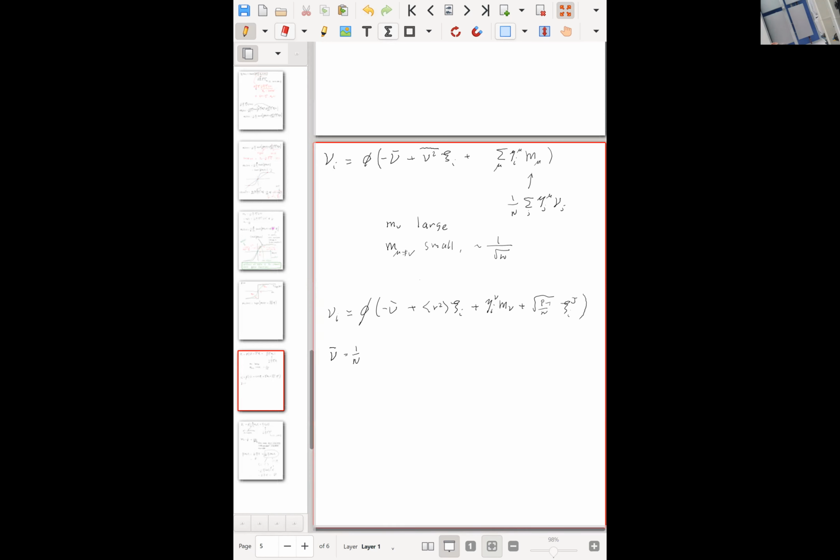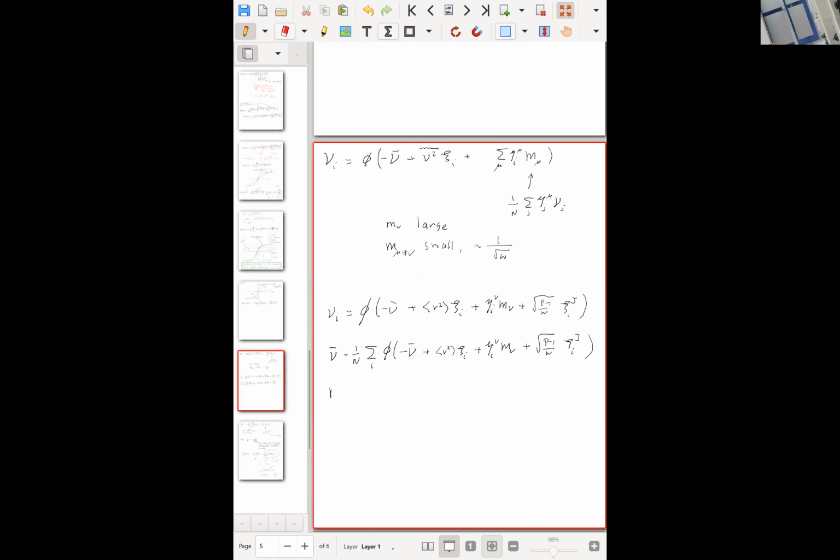One over n, the sum on i of phi of minus nu bar plus nu squared, squiggle i, plus eta i nu, m nu, plus the square root of p minus 1 over n, squiggle i, j, and the random variable.